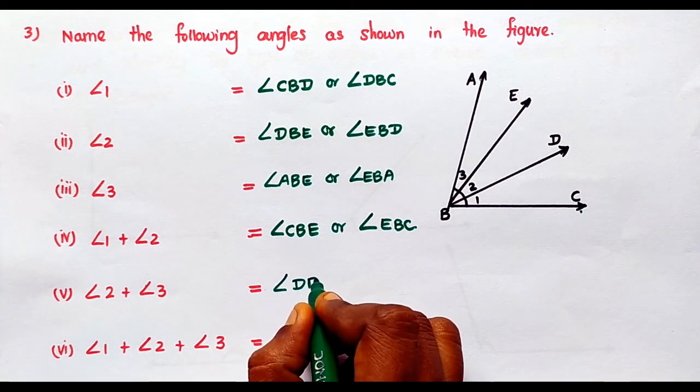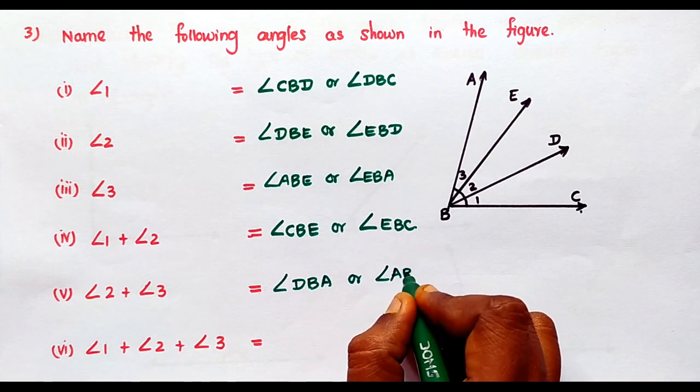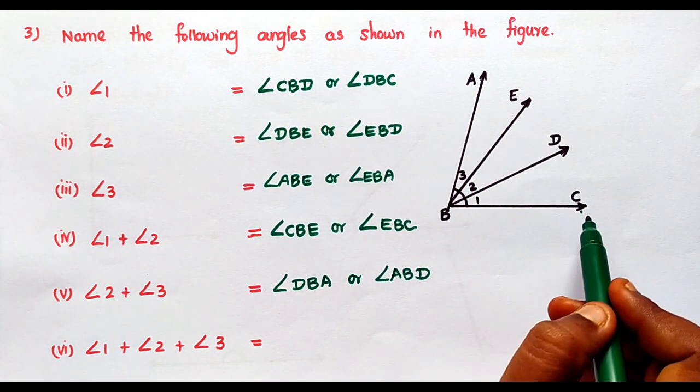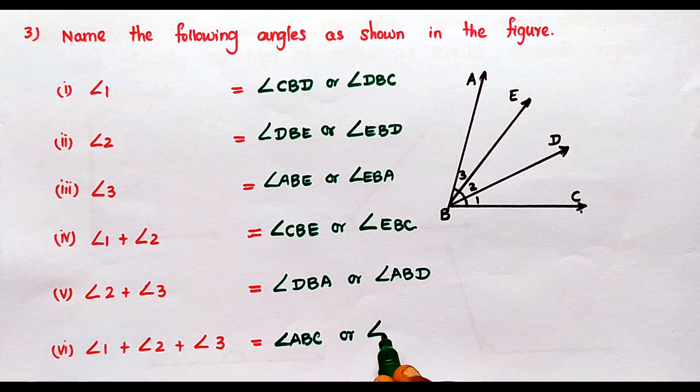Angle 1 plus 2 plus angle 3, so ABC or CBA. That is the answer.